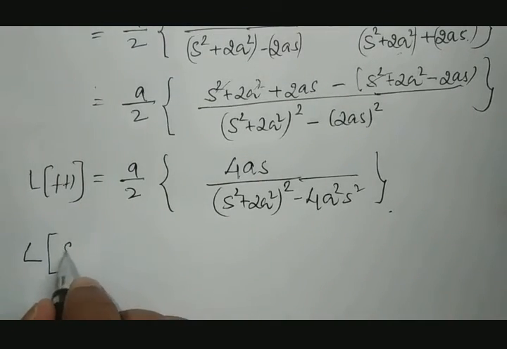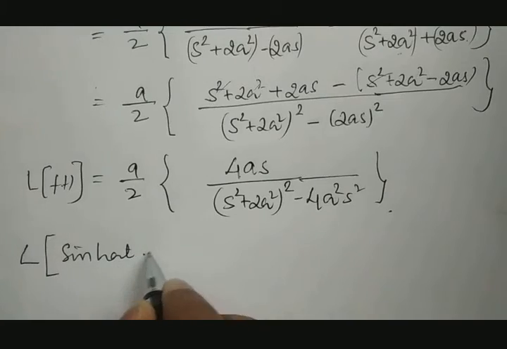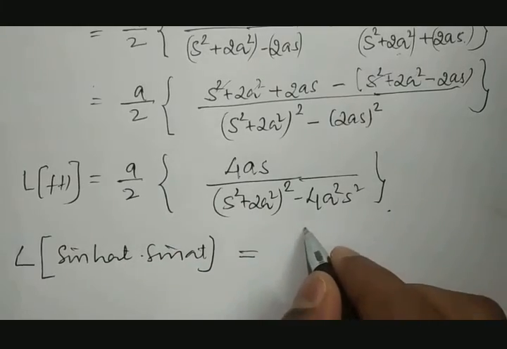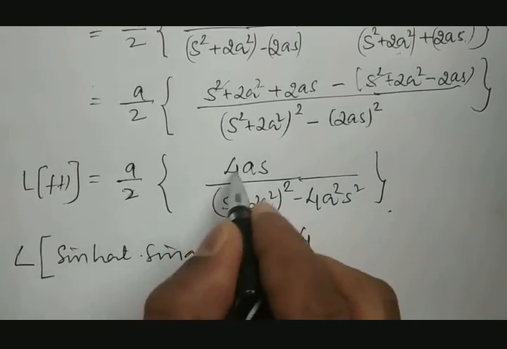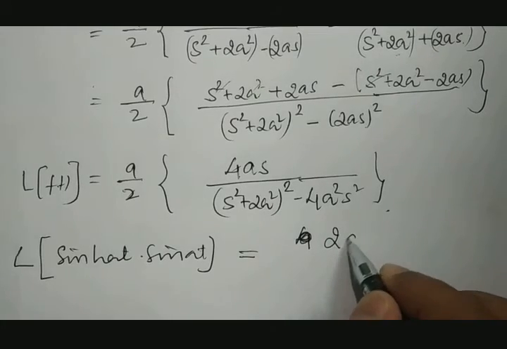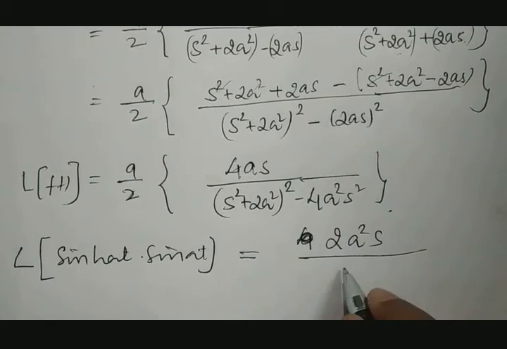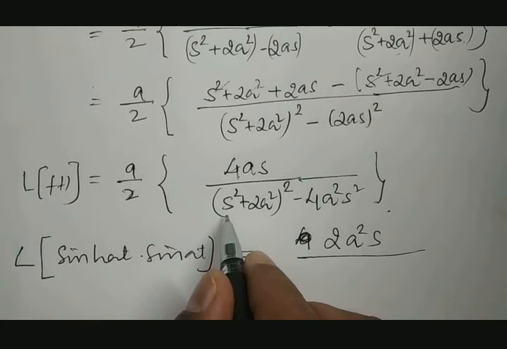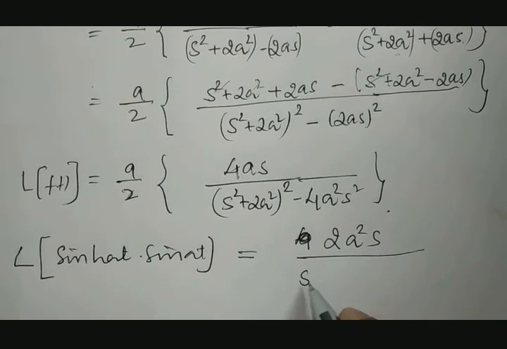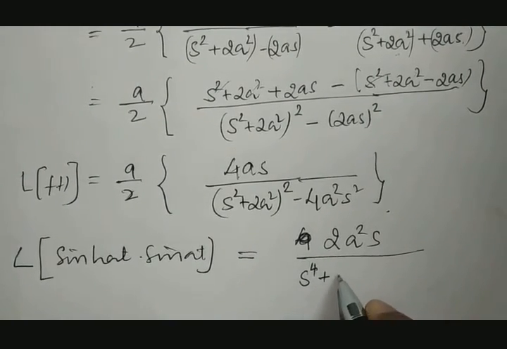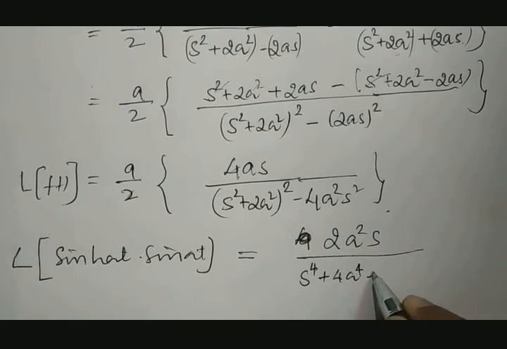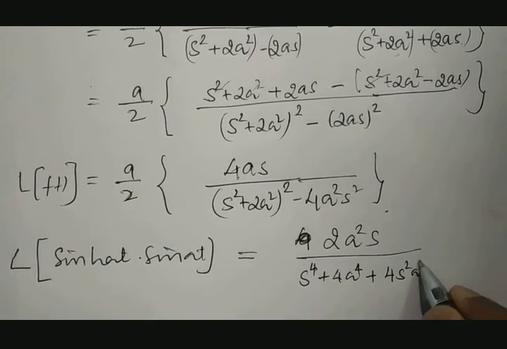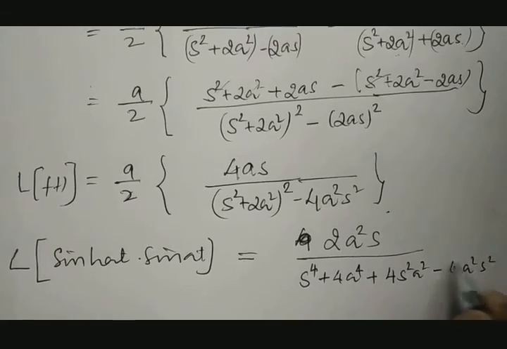F of t is nothing but sine hyperbolic at into sine at, which is equal to a into, 2 ones are 2, 2 twos are 4, so directly we will be taking it as 2a square s divided by, if you take its further expansion, then it becomes s raised to 4 plus 4a raised to 4 plus 2 times 2 into 2 will be 4 s square a square minus 4a square s square.